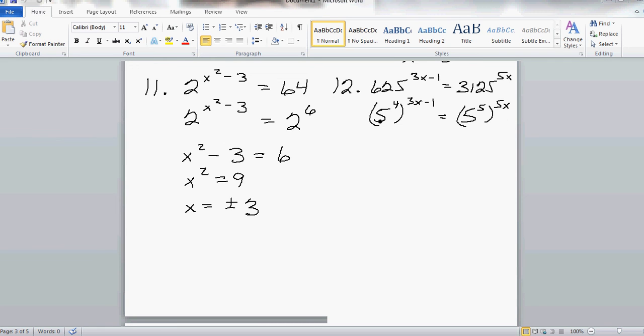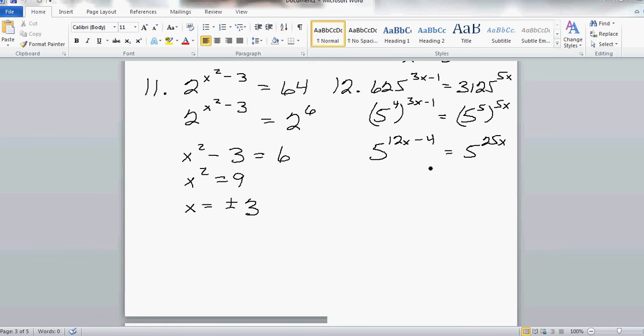Now we need to remember our laws of exponents, saying whenever we take a power to a power, we multiply the exponents. So we get 5 raised to the 12x minus 4 when we distribute that 4, and when we take 5 to the 5th power raised to the 5x power, that is 5 to the 25x power.